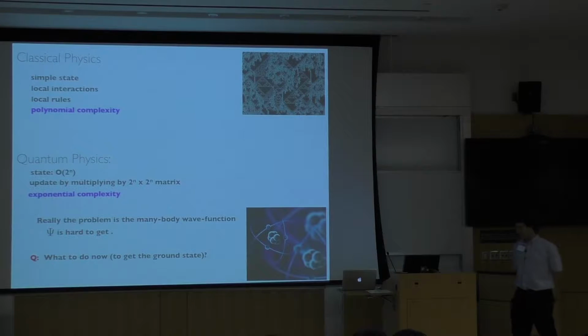This is true for two reasons, actually. To begin with, even storing the state directly is hard. If you want to write a quantum wave function out, from a naive point of view, it requires 2^n doubles, 2^n complex numbers. Moreover, the rule to update is some big matrix, a 2^n by 2^n matrix. That's also a rule that's going to cost you exponential time.